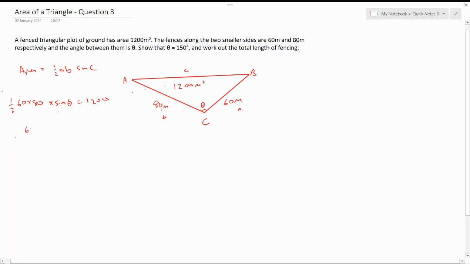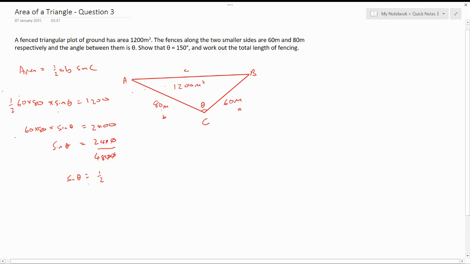So we get 60 times 80 times sine theta is equal to 2,400. We can divide by 60 times 80. So sine theta is equal to 2,400 divided by 60 times 80, which is 4,800. We can cancel the zeros, 2 zeros, 2 zeros. So sine theta is equal to 24 over 48, which is a half.